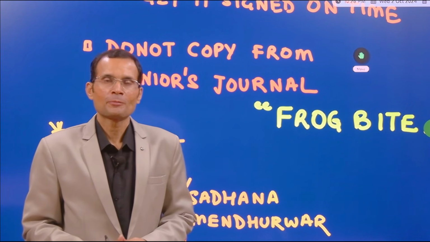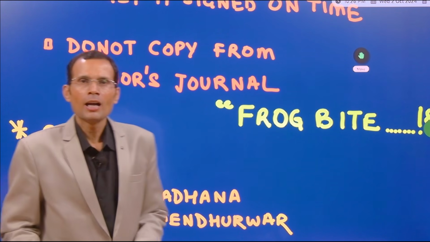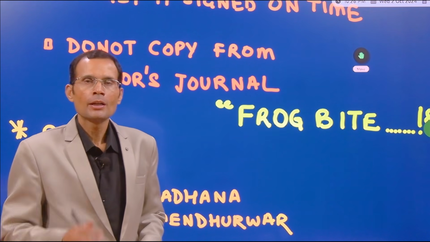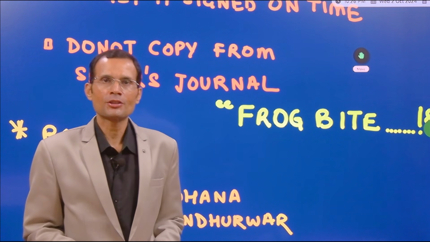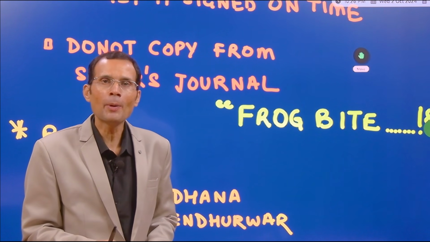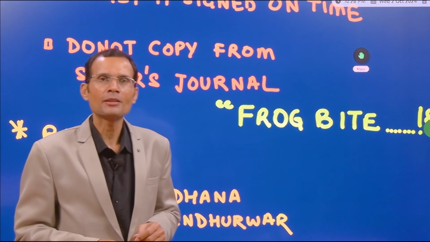But the journal part, I'll give you an example, one instance. I saw a first year student's journal. There was a practical of temperature regulation, and in that practical, somewhere the student had written "frog bite." I was surprised. What's this frog bite?